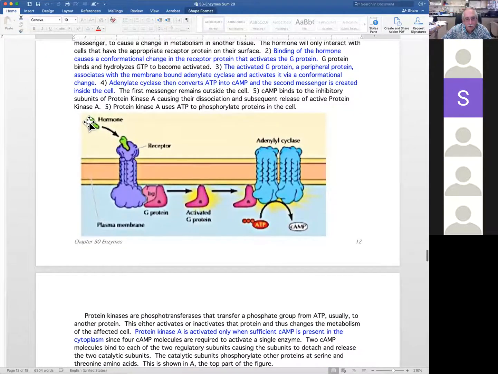So here's where a hormone binds to its receptor, and that hormone then causes something to happen in the cell. It doesn't cause it directly. This is the first messenger. In this case, cyclic AMP is the second messenger. So cyclic AMP came from inside the cell, from ATP. The hormone doesn't even have to come into the cell, but its effect happens in the cell.